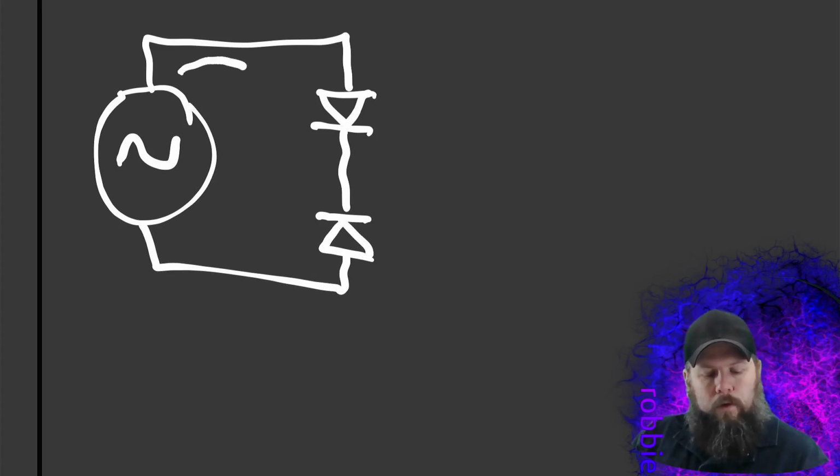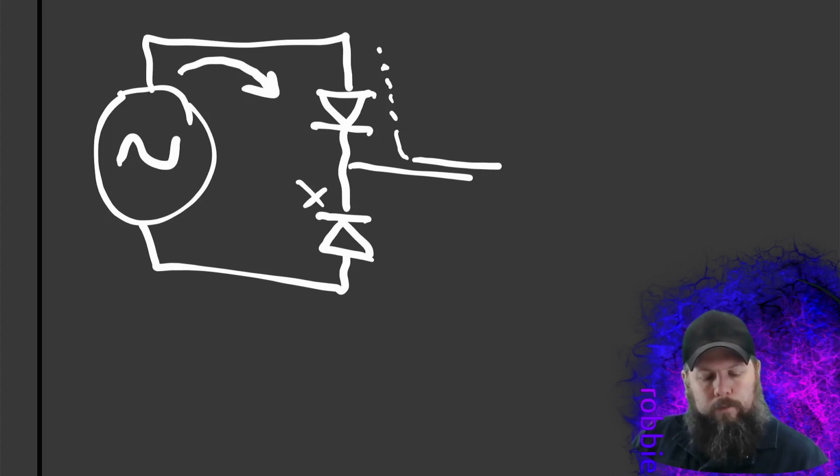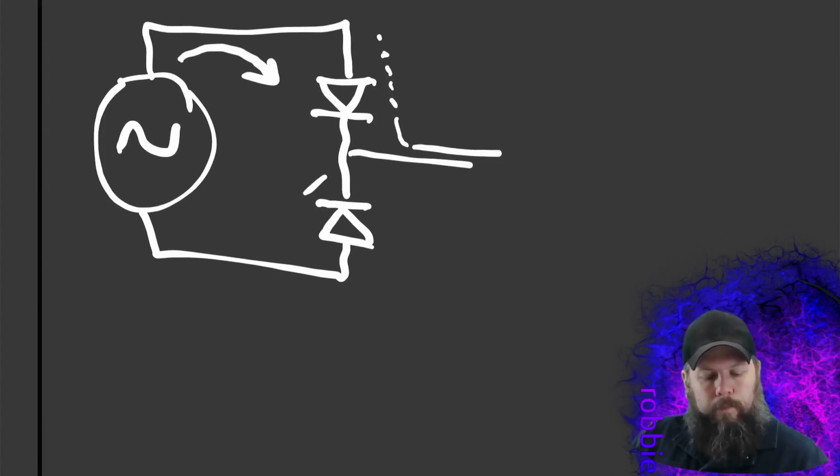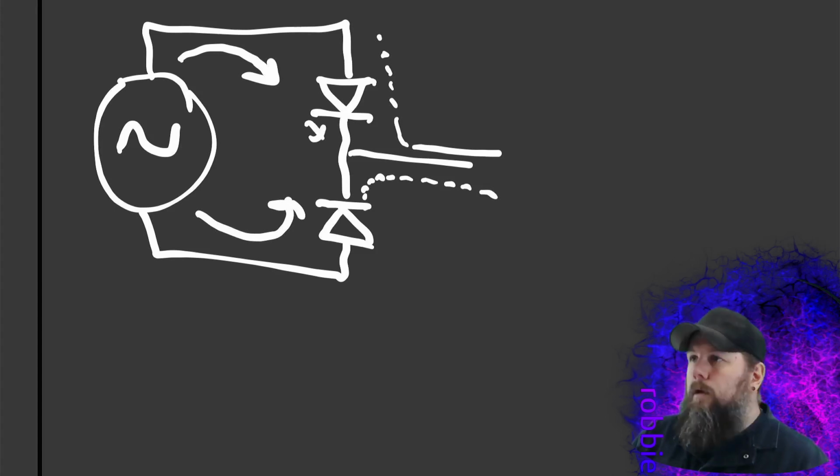When this is going clockwise, it's conducting through this diode. But then it can't go through this one. Alright? When we're going this direction, let's say it's pushing out, but nothing's going through here.